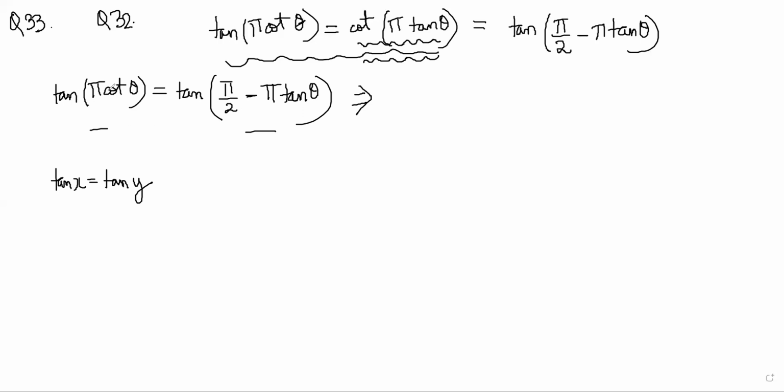Both sides you will put n pi plus this? You can leave that as pi cot theta. So you can put it only for the right side. N pi on both sides doesn't make any sense. Yes, so only on the right side, I guess.